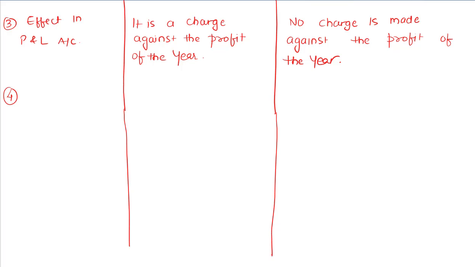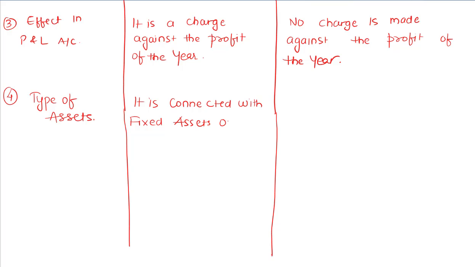Next is type of assets. Depreciation is connected with fixed assets or non-current assets only.